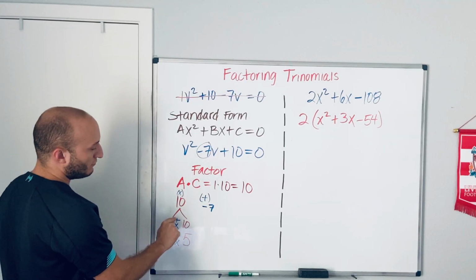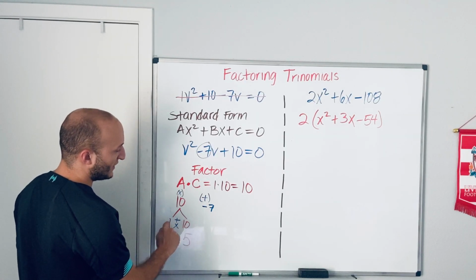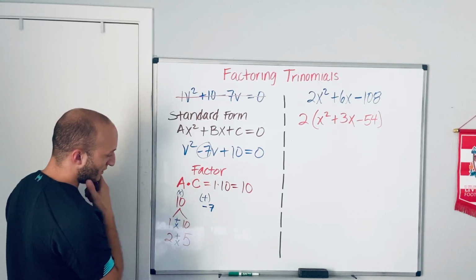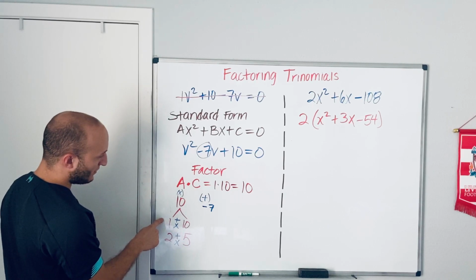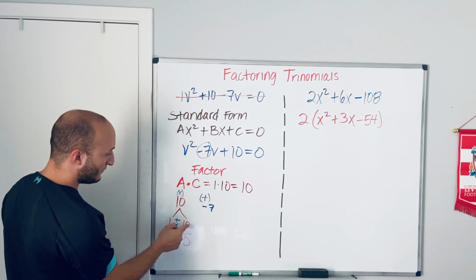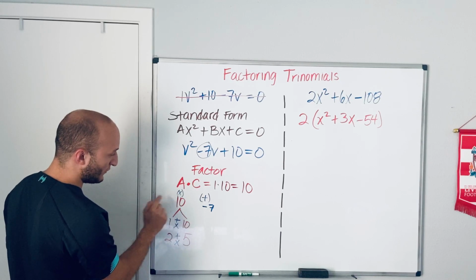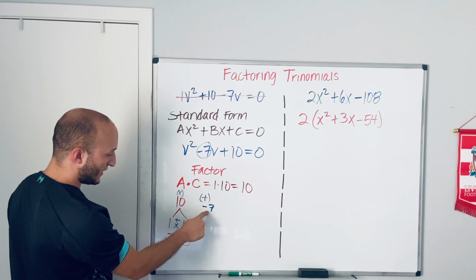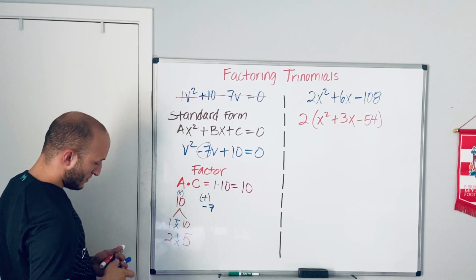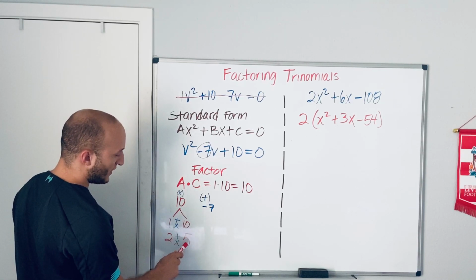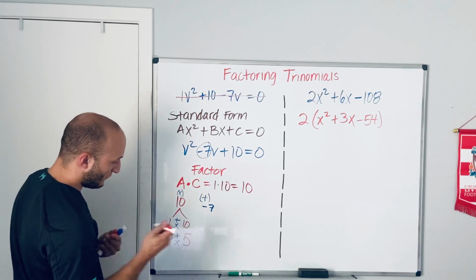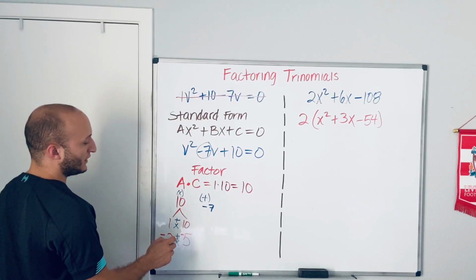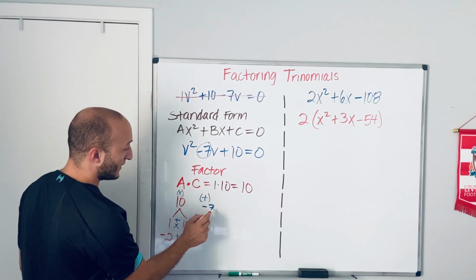So 1 plus 10 gives me 11. That is not -7, so this one would not meet that. Even if I give both of them a negative, because when you multiply, they will still give you a positive, it would still be a -11, which is not -7. Here, 2 plus 5 is 7. So if we give both of these a negative, -2 plus -5, I get a -7.